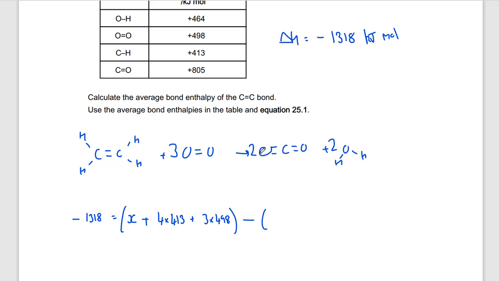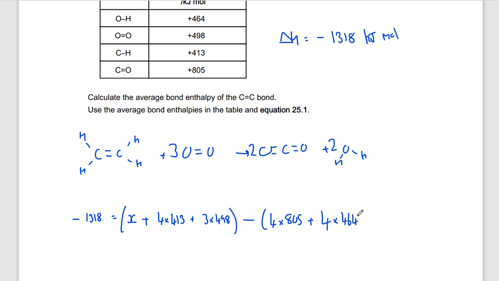We've got 2 lots of CO2. Each CO2 has 2 carbon oxygen double bonds, and there's 2 lots of them, so it's 4 times 805, plus, same thing again, we've got 2 OH bonds per water molecule and 2 water molecules, so 4 of those as well, times 464.